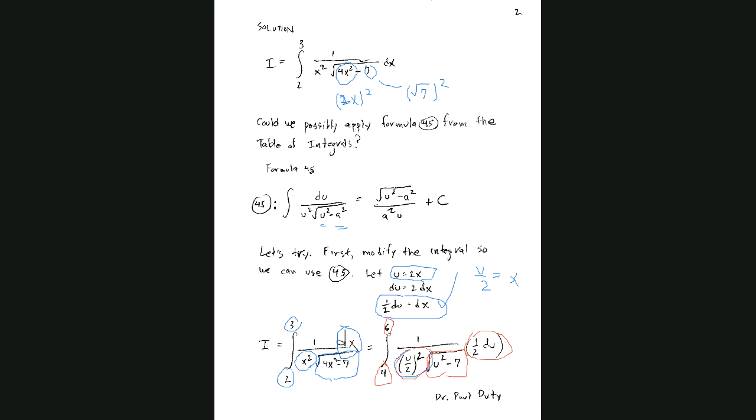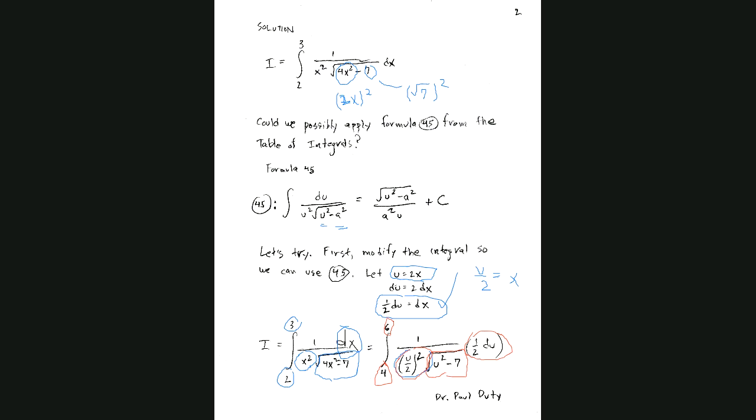Sergio is asking about the u over 2 part. So the x squared here, we're converting this integral with respect to x to an integral with respect to u through the substitution.